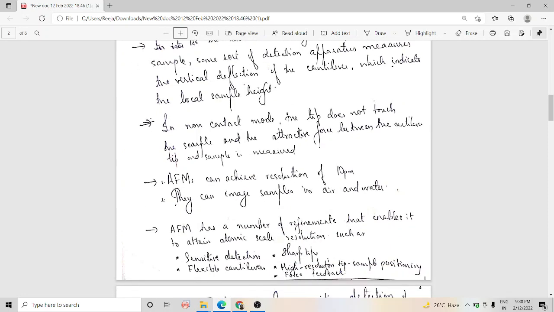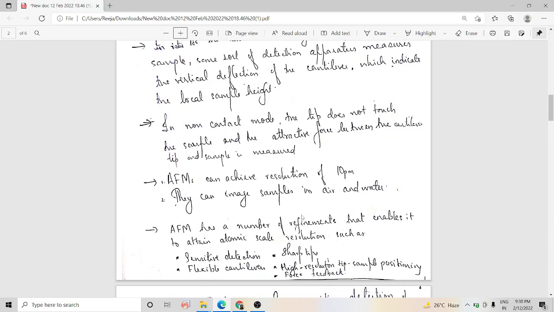Now, how is this excellent resolution attained? AFM has a number of refinements that enables it to attain atomic scale resolution. That is, the AFM has some kind of modifications or attachments, which are called refinements, attached to it that help to attain this atomic scale resolution.